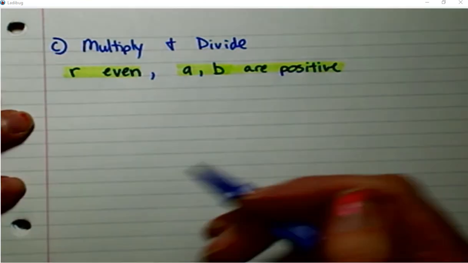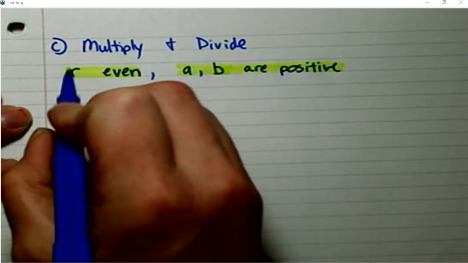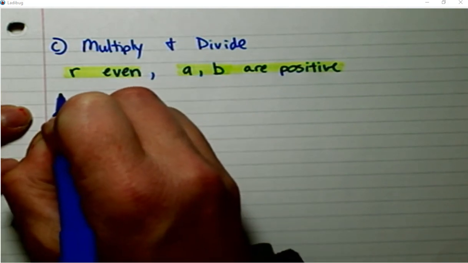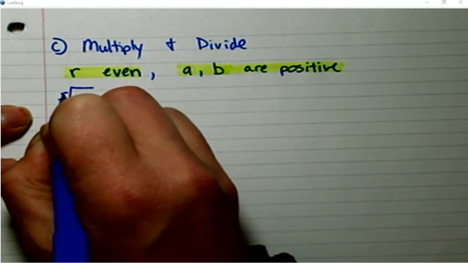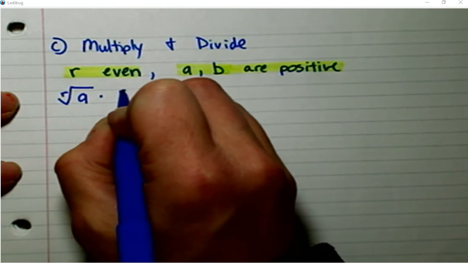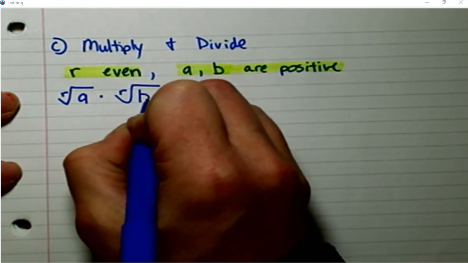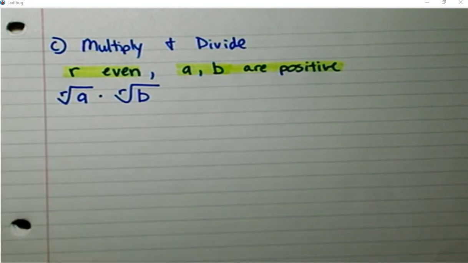Okay, so here are the two ways that we can put radicals together. So let's do the multiplication example. So let's say we have even root a, the radicand is positive, times root b, okay? Now, if it's odd, it doesn't matter.